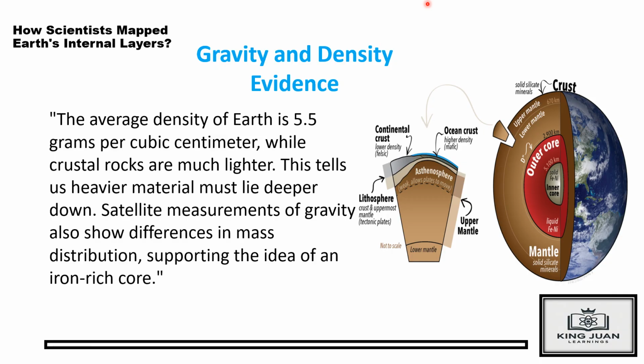This difference in density is also reflected in the layered structure, with the densest materials like iron and nickel concentrated in the core, and the less dense materials like silicate rocks forming the mantle and the crust.